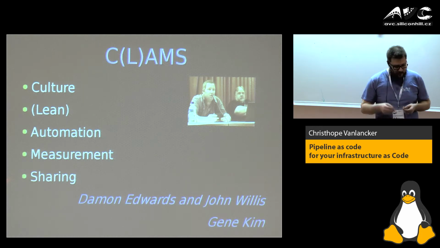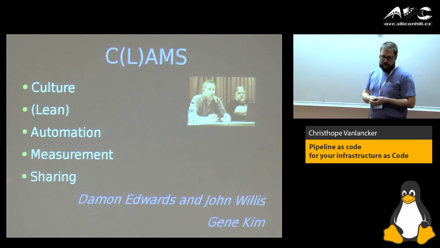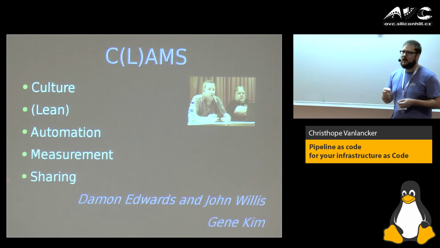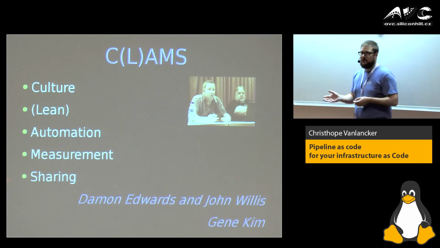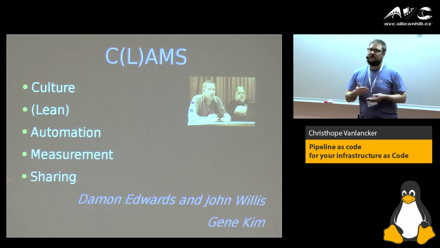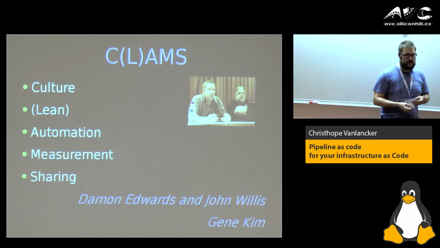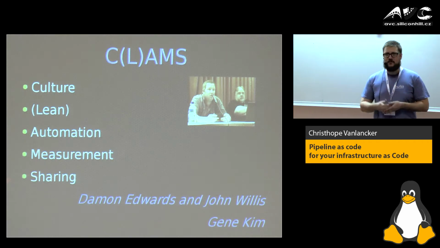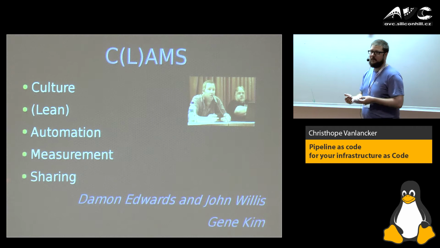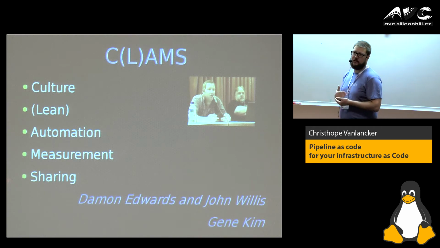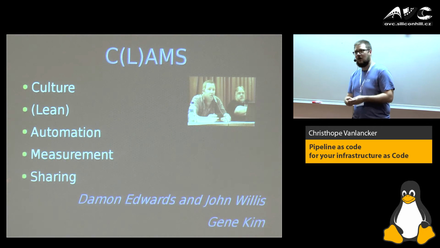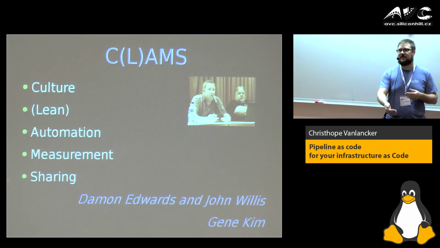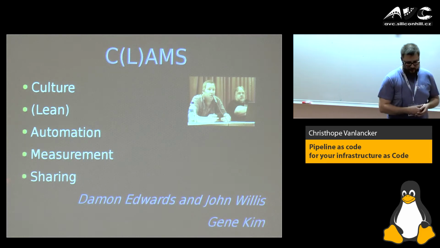More on that later. Measurement is also very important. When you deploy an application on an infrastructure, how does it behave? What do we need to monitor? What are the metrics, collections, feedback from that application, so that we know not only if it's working, but how it's working, see how it behaves and improve when necessary.